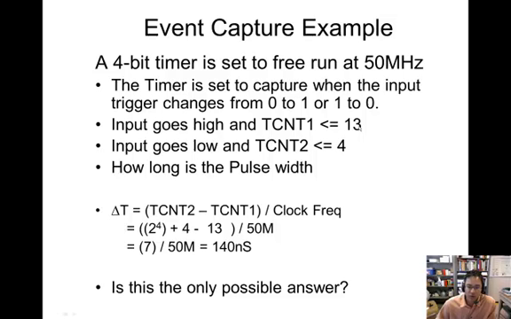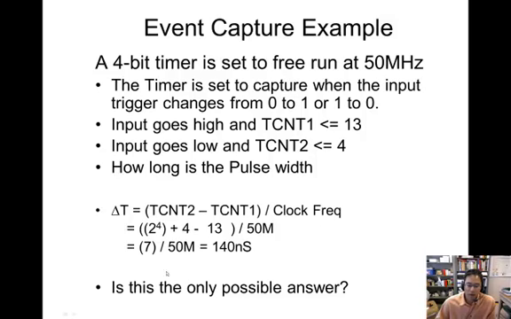Since this is less than this, we subtract 13 from 4, and then we know that it rolled over. So if it's a 4-bit timer, we know 2 to the 4 is 16, and we do this math here. That'll be the number of timer periods that has gone by, and since it's using a 50 megahertz clock, we divide that through, and we come up with the pulse width of 140 nanoseconds.